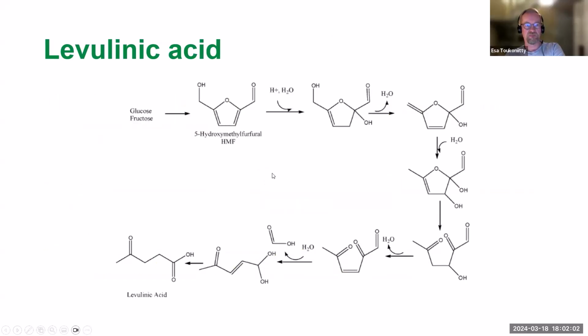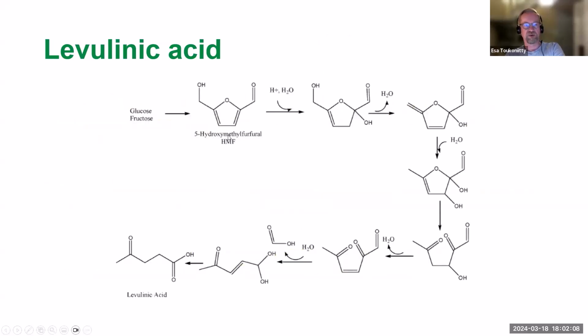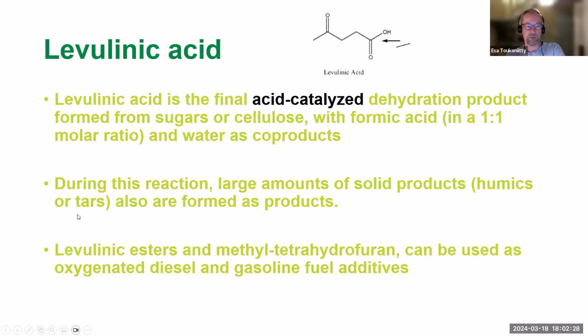Here you'll see the methyl tetrahydrofuran. This is just hydroxymethyl. Sorry, no, now I'm mixing things. So the glucose can go further to levulinic acid. Here are the reaction steps, just to get an idea of the chemical structure.